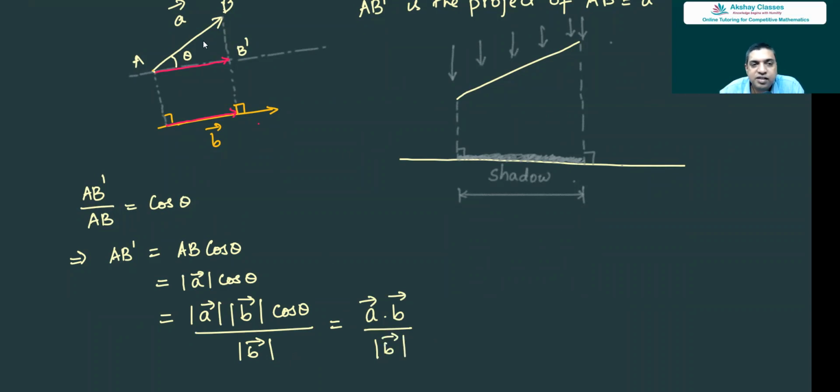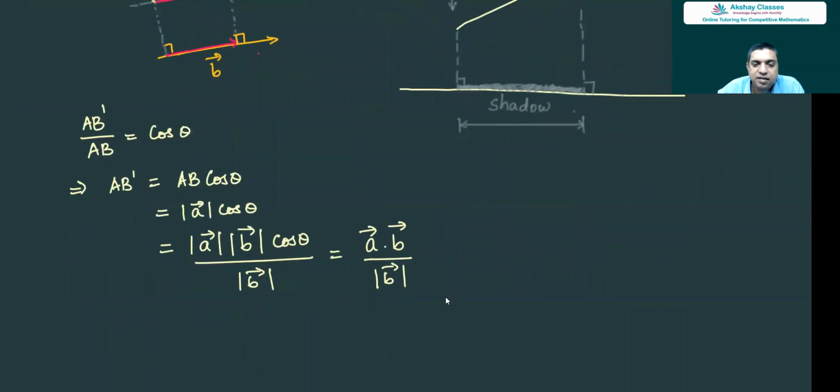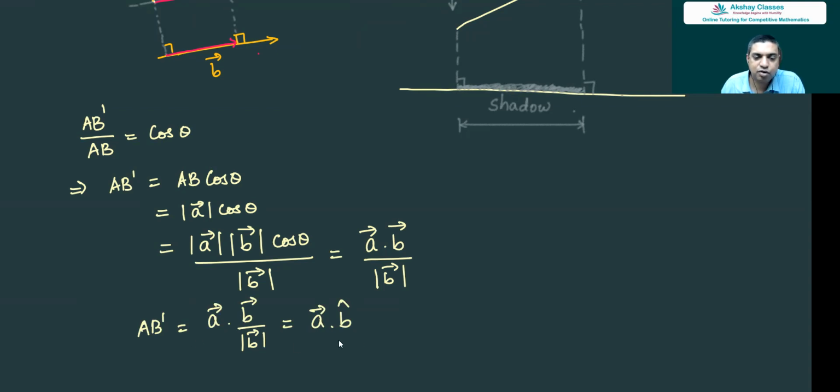So what I got is this length AB dash, just the length, is A dot B upon mod B. Now I can write it like this, so I get A dot B cap. So AB dash length is A dot B cap.